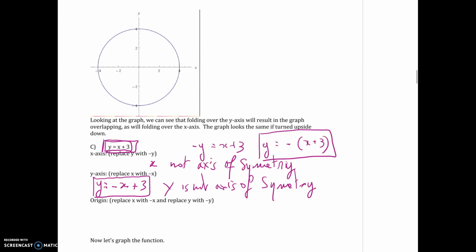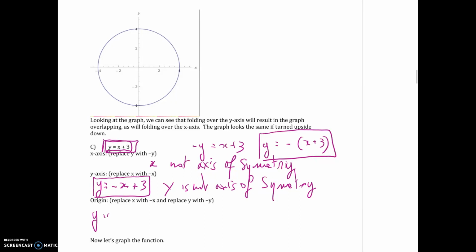All right, so can I define O as an origin of symmetry? Well, right away I can see that the line doesn't go through the origin, so right away I could say that O is not an origin of symmetry. But if I replace x with negative x and y by negative y, I will end up with the same conclusion.